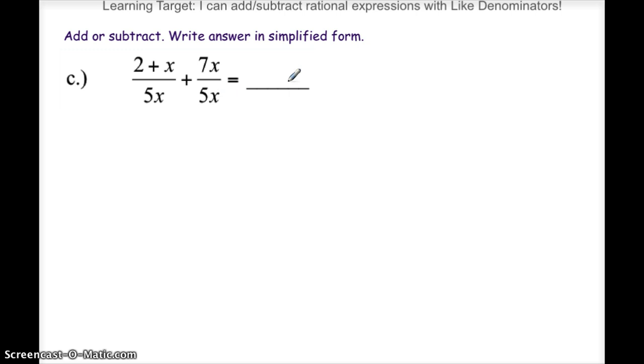Example C, again, they both have a 5x, and so I'm just going to add like terms on the top. Let's see, I'm going to add my x's first. I've got a 1x plus a 7x, so I'd have an 8x. And then I've got that plus 2. Now, it's always a good idea to check. These guys can factor.